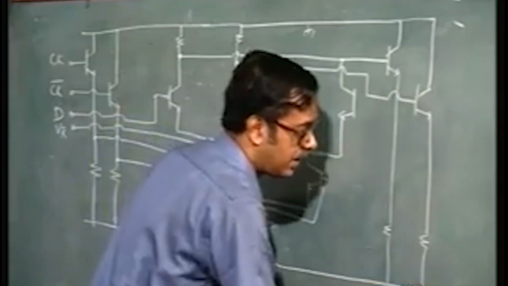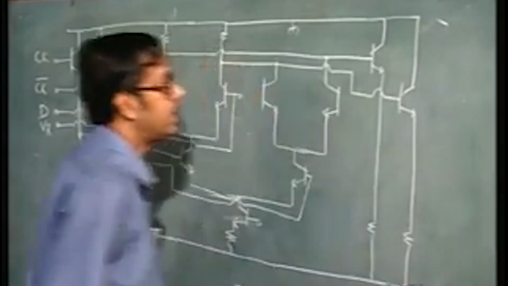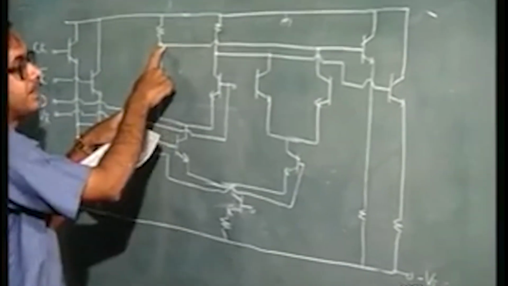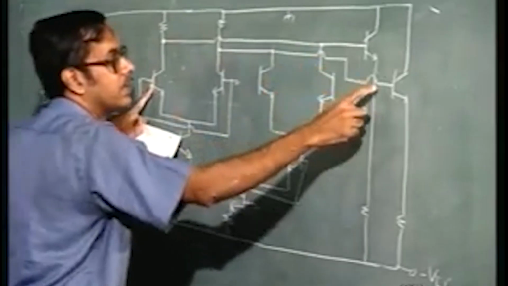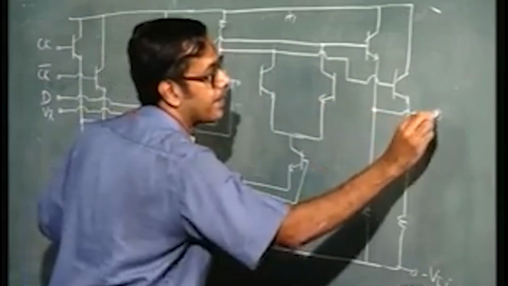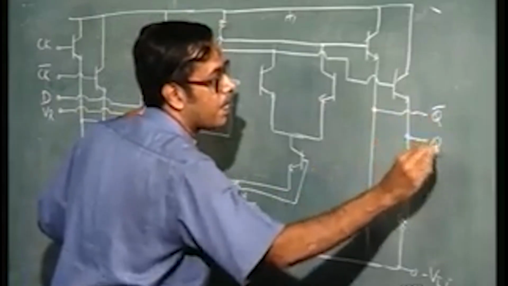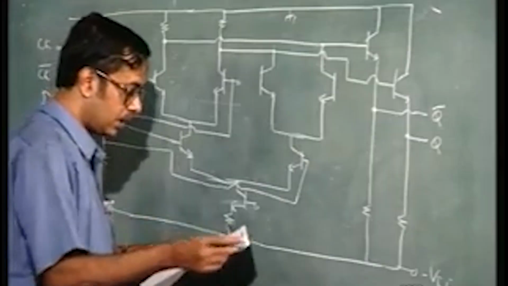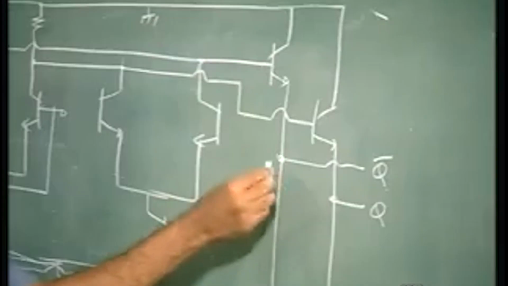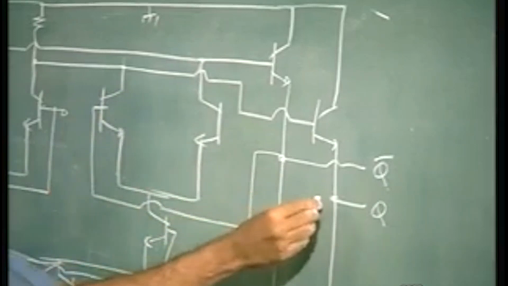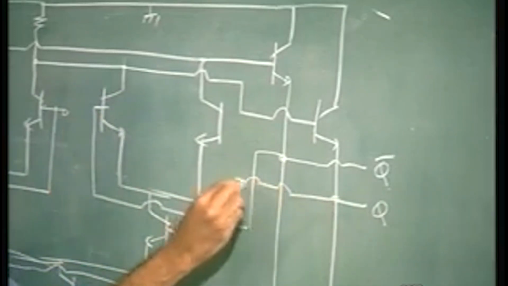This is the minus VEE supply voltage, and this is D, this is Q bar, and this is Q. The Q bar input should come here and the Q input goes here.